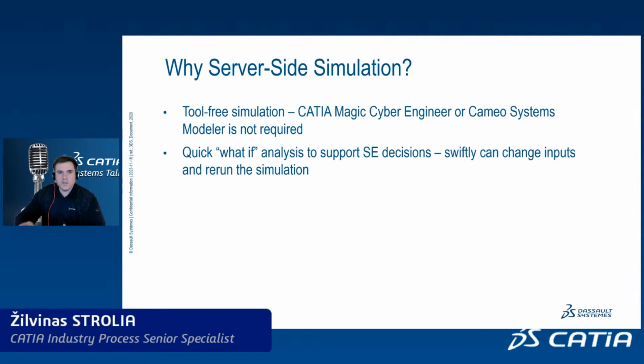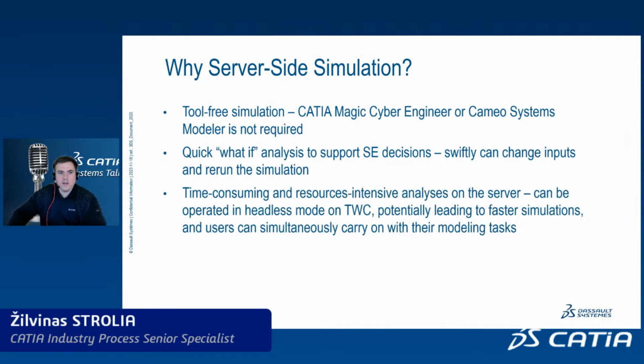Another advantage of this feature is that it's not only for observing the information, it also allows you to change the inputs, rerun the simulation, and get the outputs. So we support what-if analysis. Another point is that this is especially relevant to advanced users of Cameo execution.